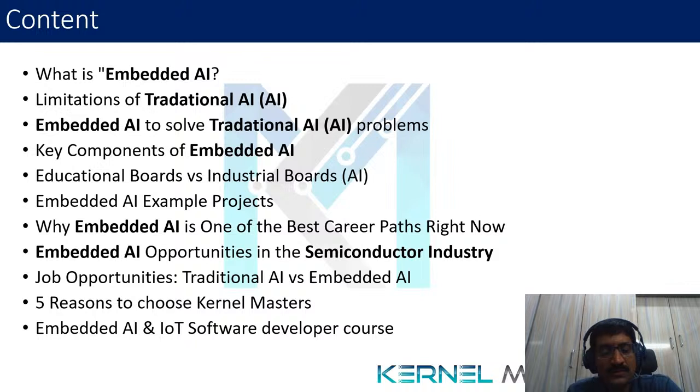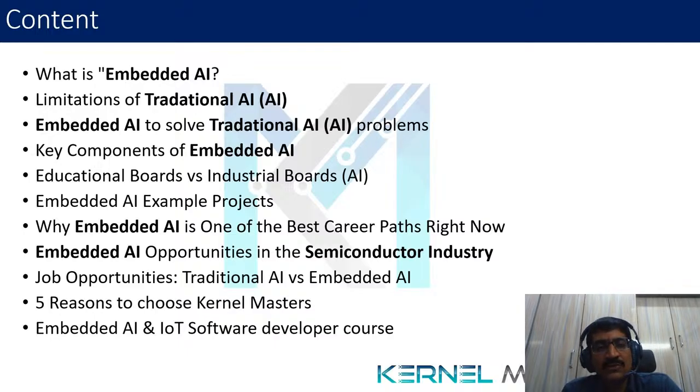Next, before you start embedded AI, you should also understand the limitations of traditional AI. In my point of view, traditional AI simply means AI; both are similar. AI has recently started, and the current industry is going through an AI boom, so that is what you can call traditional AI.